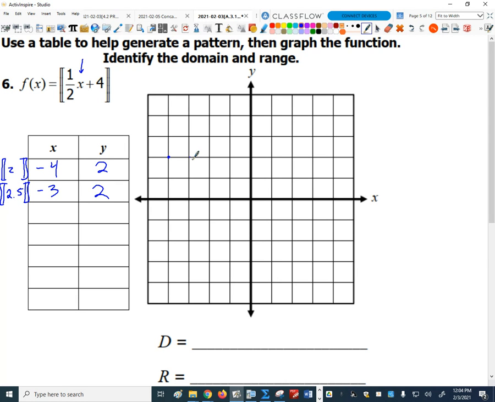There's another point. Okay. Well, what if I pick the value -2.1? If I have -2.1, 1/2 of -2.1 is -1.05. -1.05 plus 4 is positive 2.95.